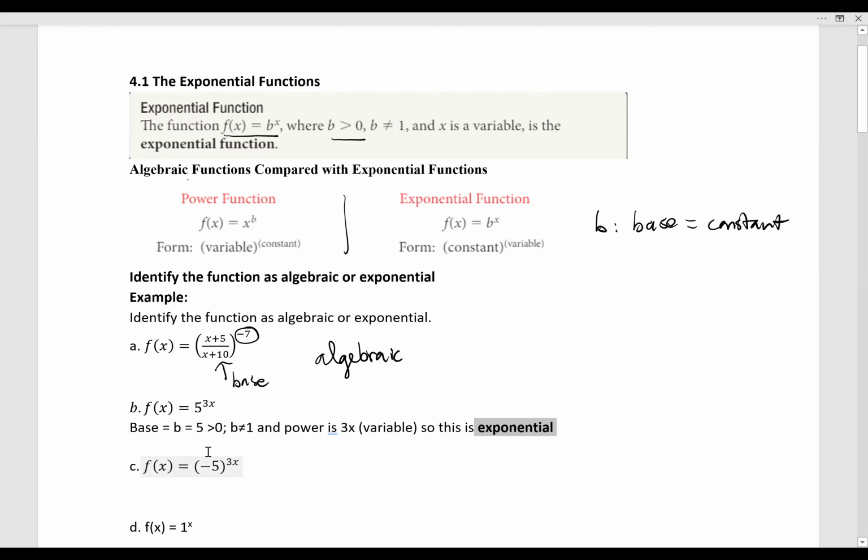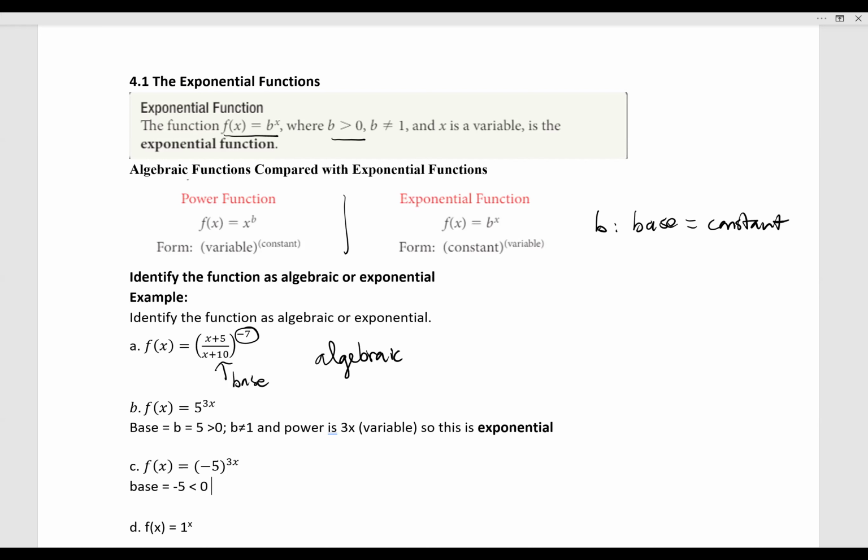Come to part C here. I have the base of -5 and the power is the variable 3x. It looks like this one may be an exponential function, but actually it is not. Why? The base here is -5, which is less than 0, and in the requirement of the exponential function, b has to be greater than 0, so b cannot be a negative number.